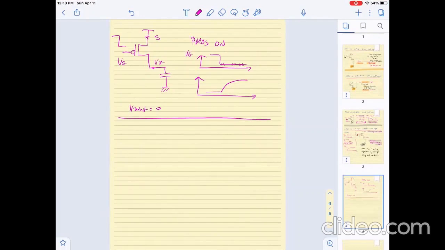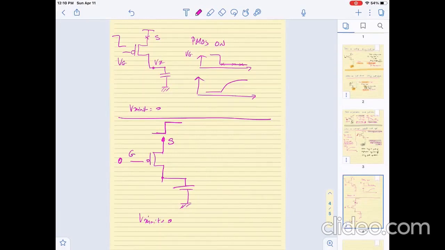Here, what is happening is that I have a PMOS, it doesn't matter how it looks, its gate is 0. It was connected to a forced signal that was originally 0 and then rose up to VDD, so this is its source node, and its drain had Vx init equal to 0. So what happens to this transistor?